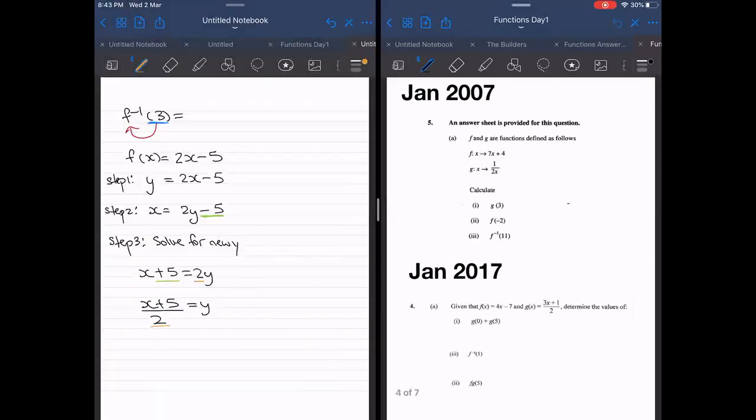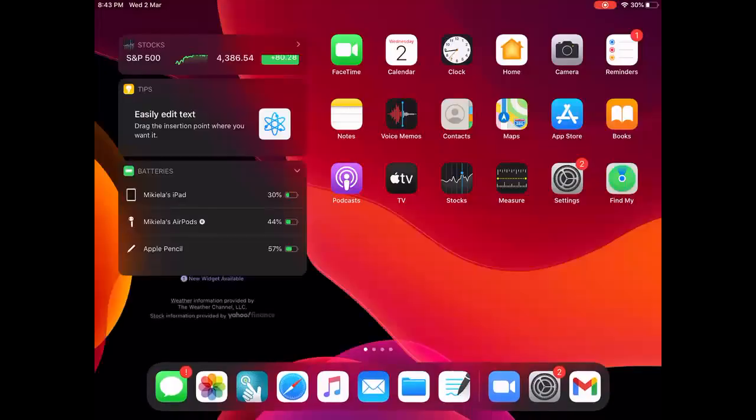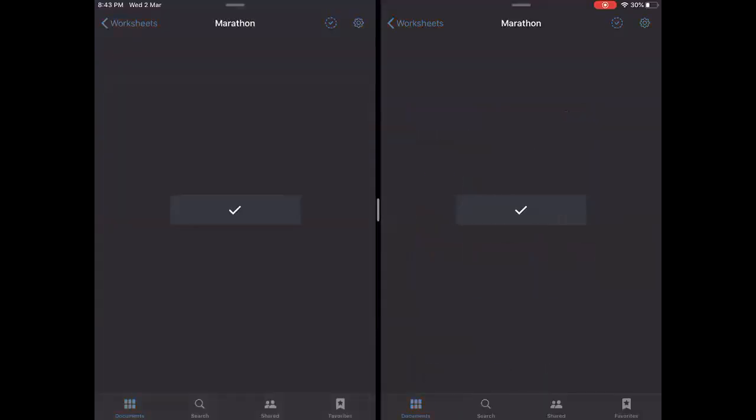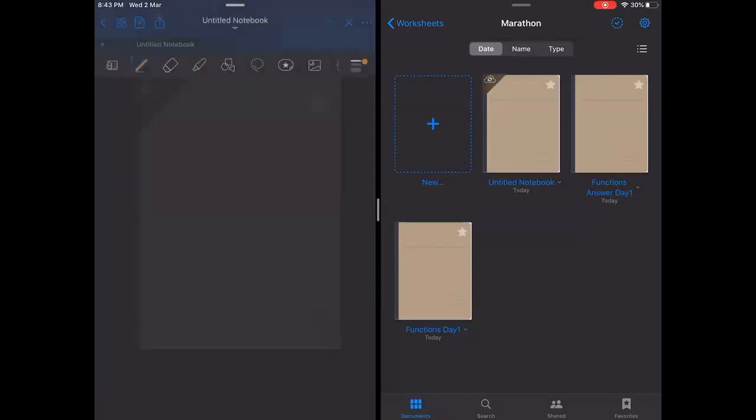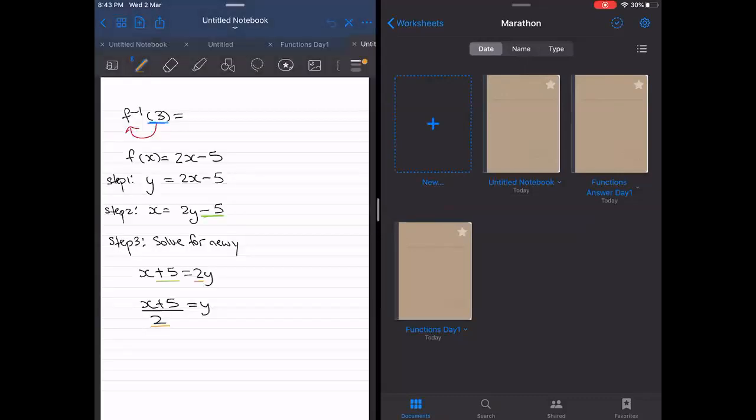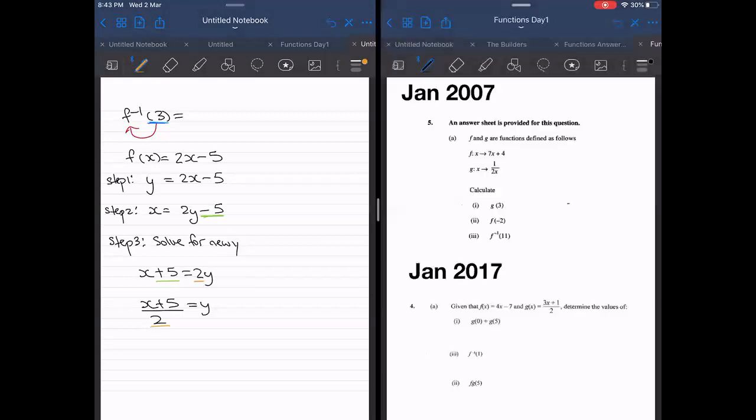For those persons who want to move on to the last one, you can. Sorry about that, guys. All right, so we found the new y, so we know that f inverse of x is x plus 5 over 2.